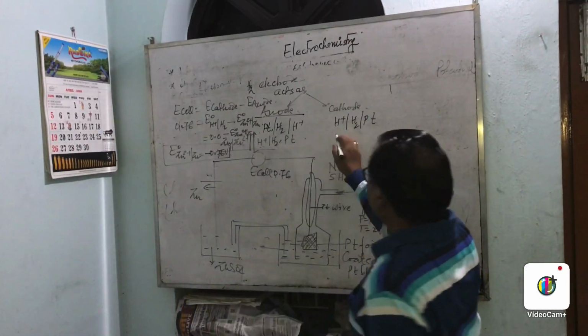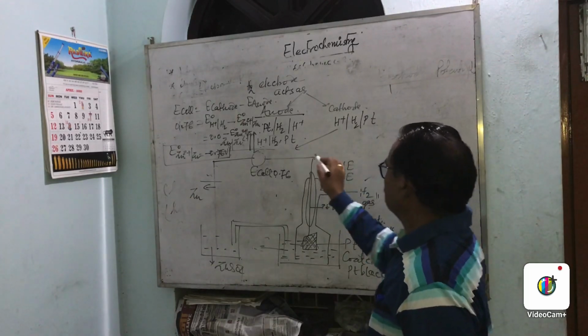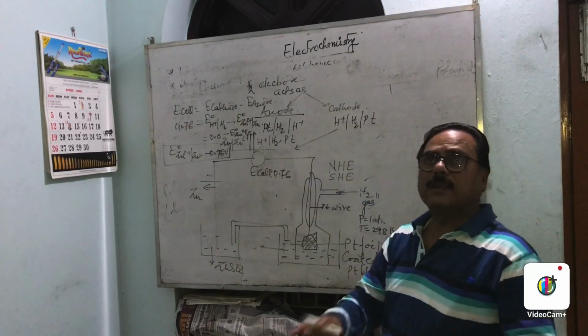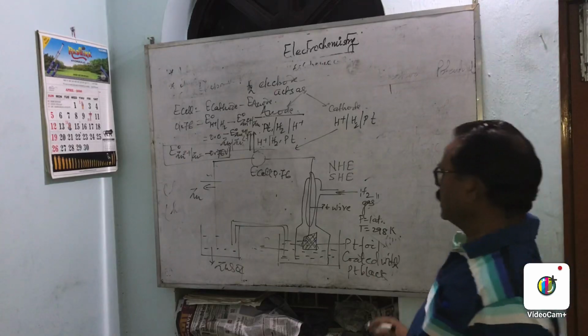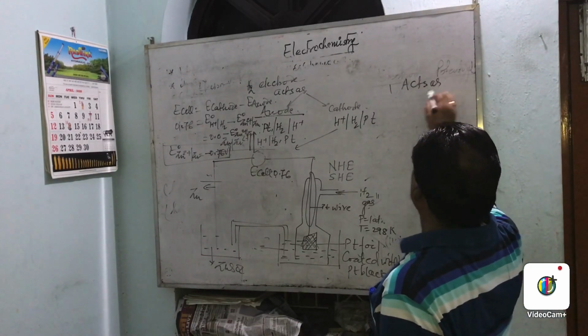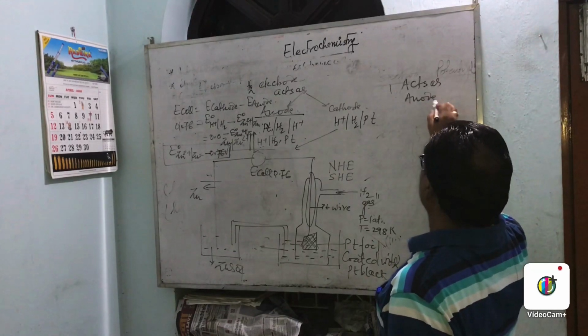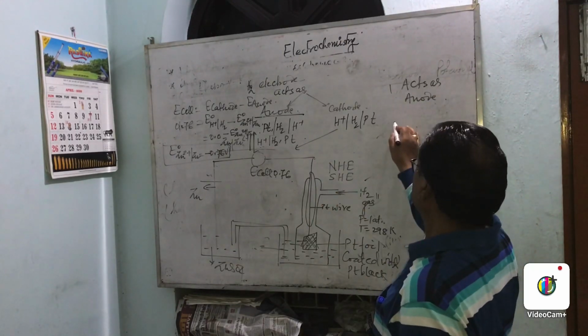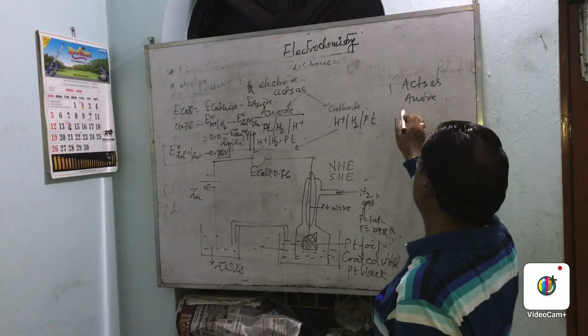Now at this time it will act as cathode. This is cathode, and sometimes it will also act as anode. You see, now suppose the hydrogen electrode is on this side. In the simple way I write it.